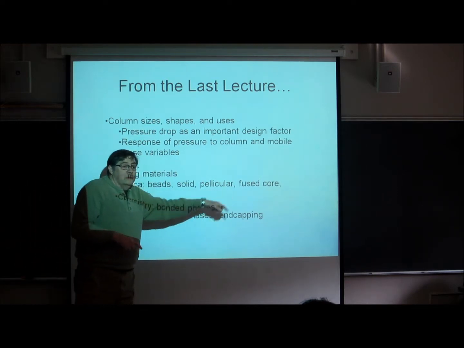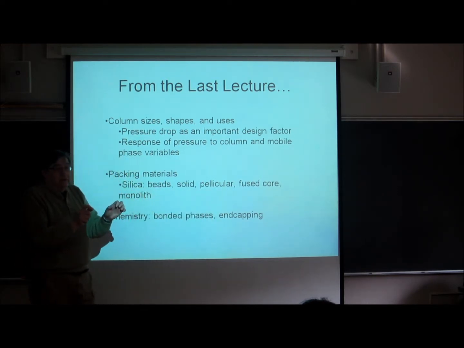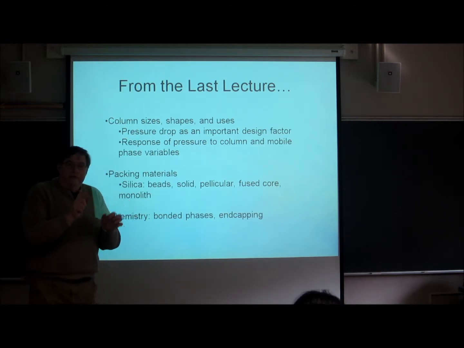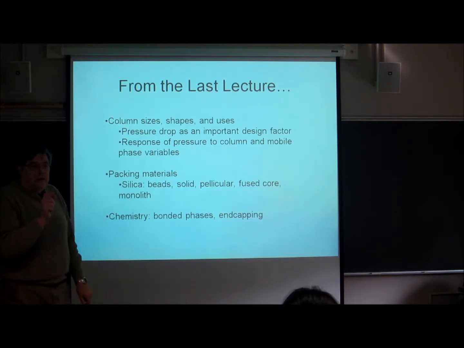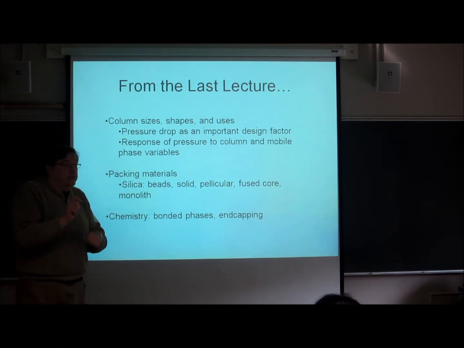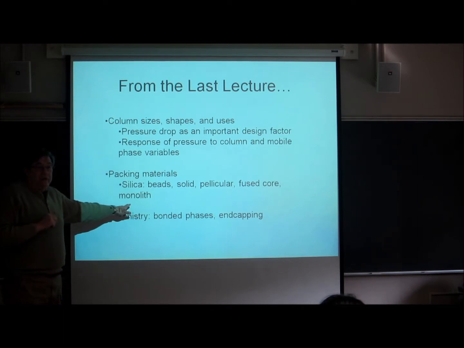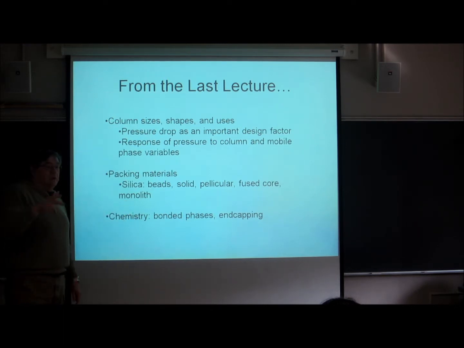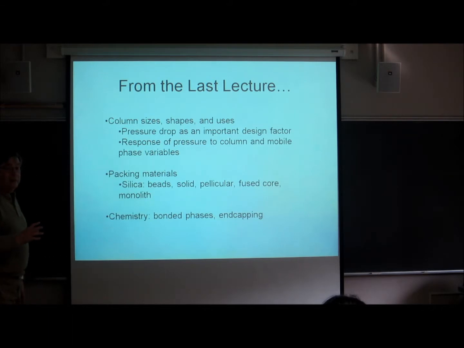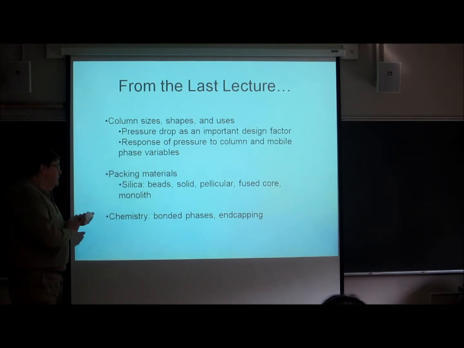The fused core is a thicker layer than the superficially porous, and often can have 2 different size ranges of pores. Didn't talk too much about it. Large pores on the outside and narrower pores on the inside. And then briefly something about monoliths. That's more for you to keep your eye on as you keep going in chemistry and hear more about these things. As I said before, I don't know what the news is finally going to be on that. There's some promise to it, but there's not some promise to it.